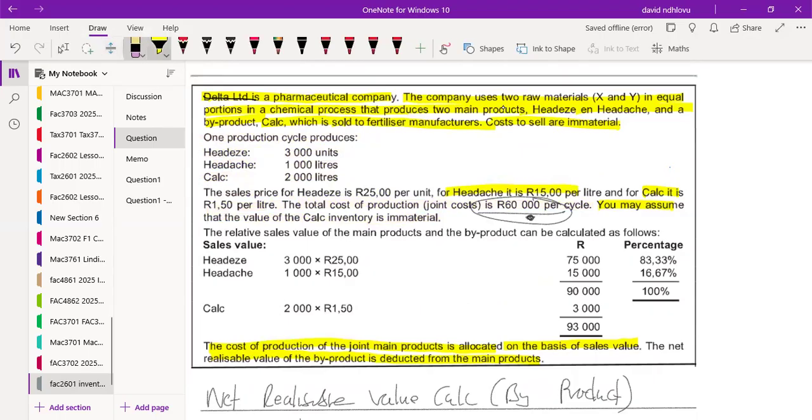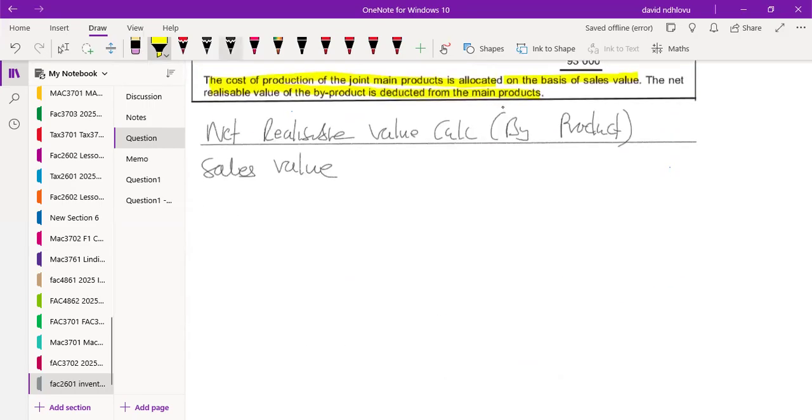So we produce 2,000 liters of Calc, and this is sold at a price of 1.5. Right, so you can see that this price is insignificant. The other products go for 25, 15. This one goes for 1.5. So 2,000 liters by 1.5. Right, so if you say 2,000 by 1.5, then you're going to get 3,000 in total. Then you say less further costs.